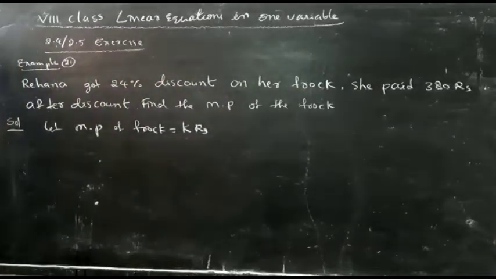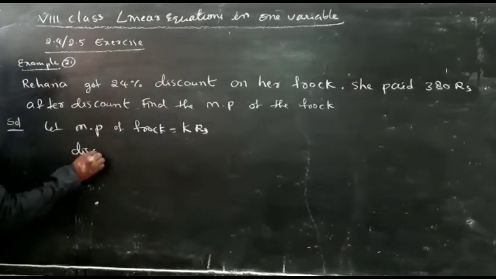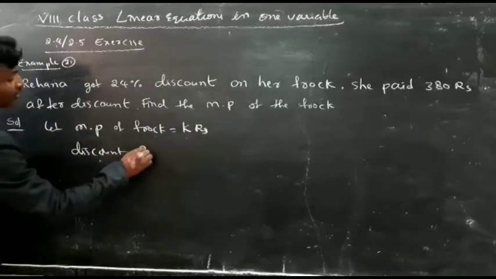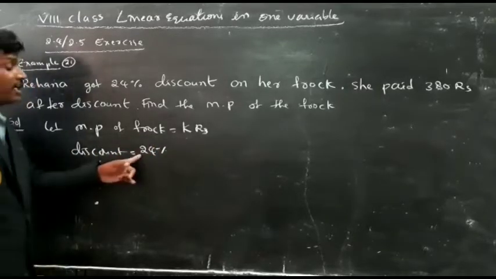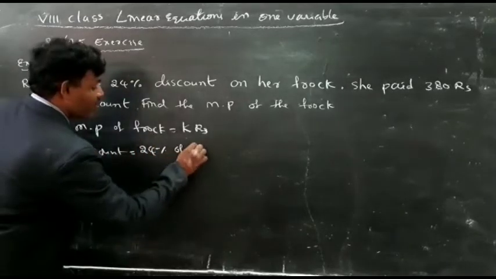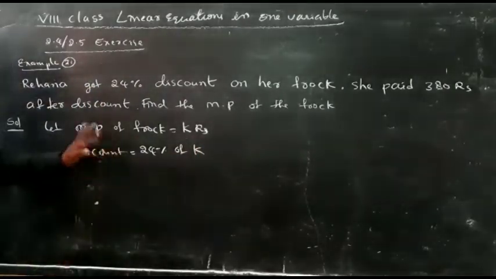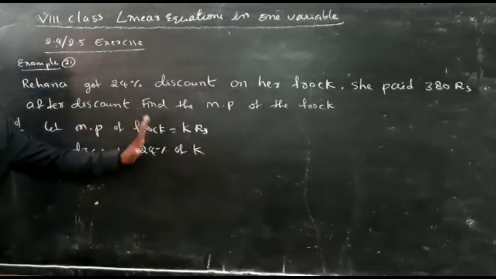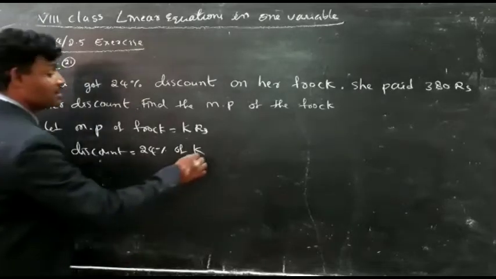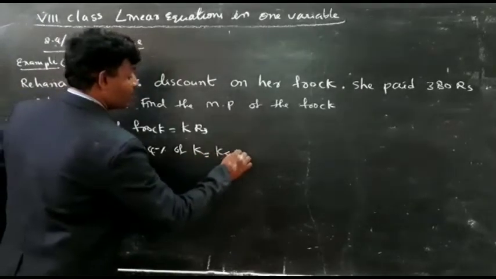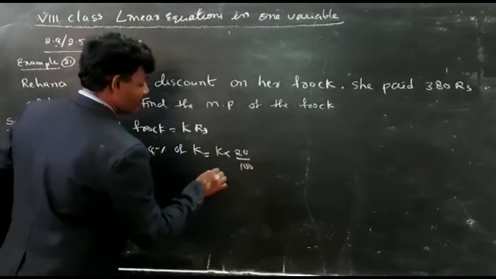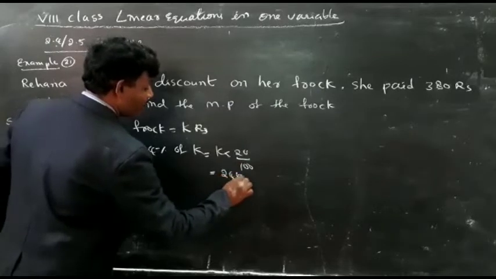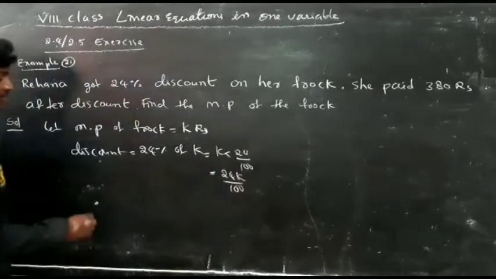I don't know what the discount is. Discount is 24%. It is 24% of K. See, she got 24% discount on the market price. It means K into 24 by 100 is equal to 24K by 100.